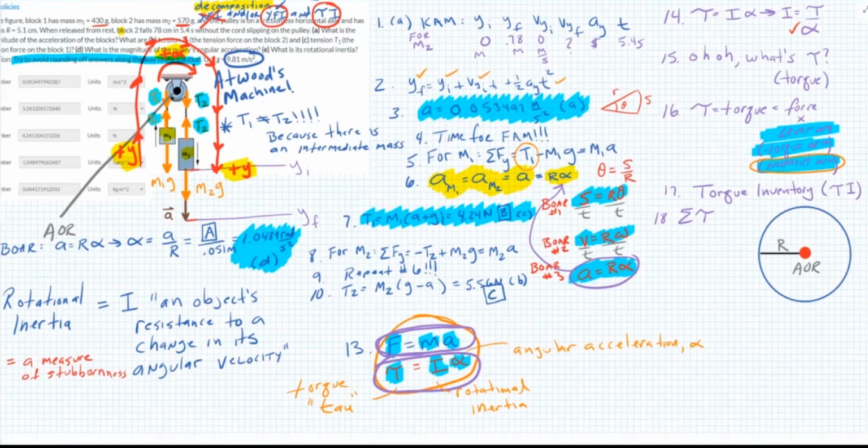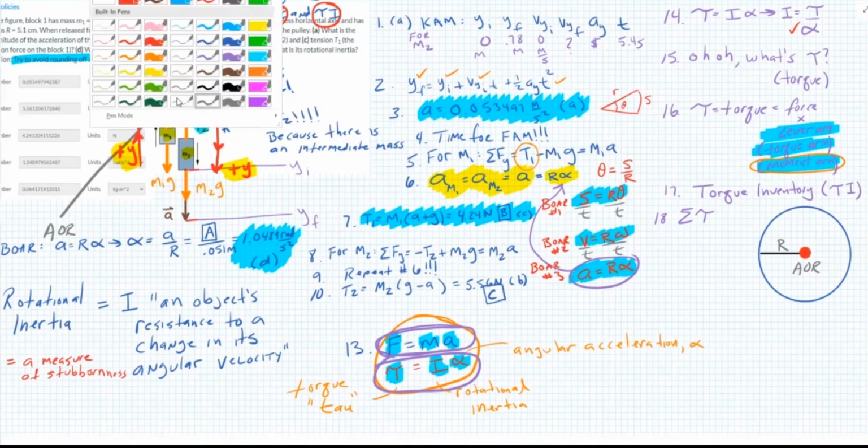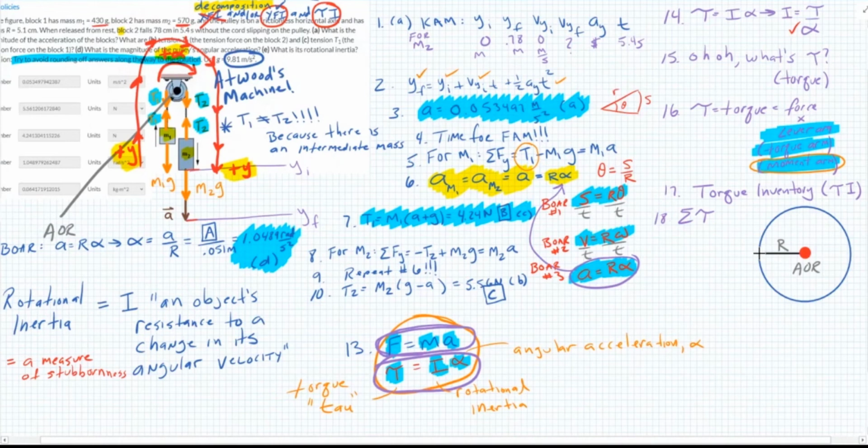Here's T1. T1 is pulling down over here. Here's T2. T2 is pulling down over here. I better label these things. This is T1. This is T2.